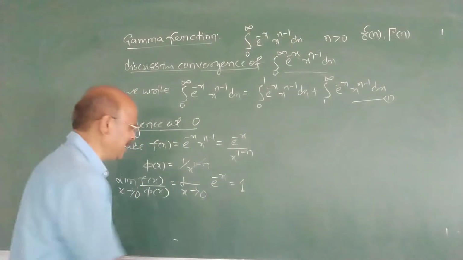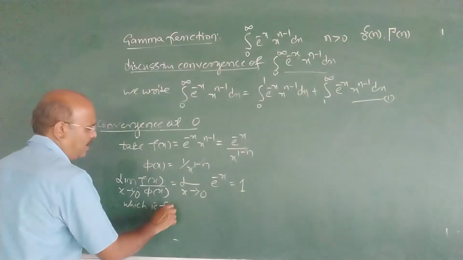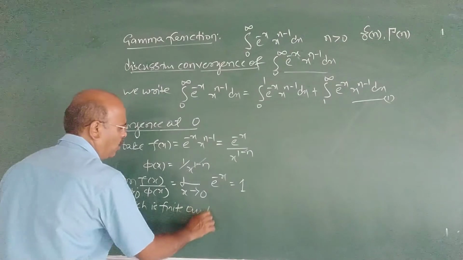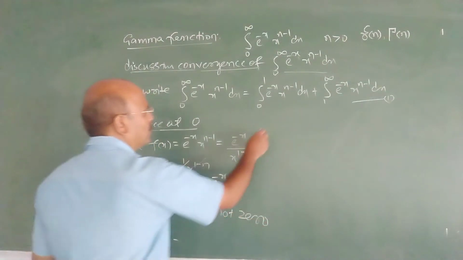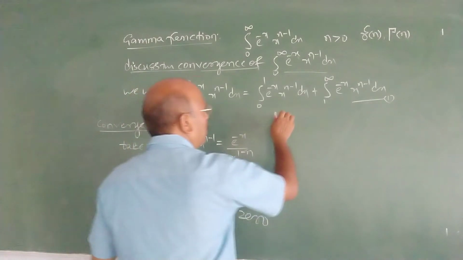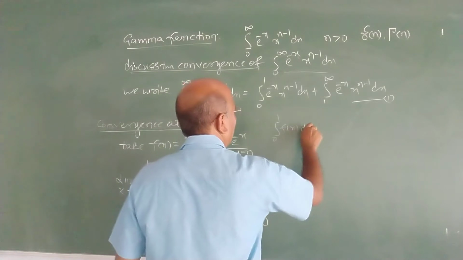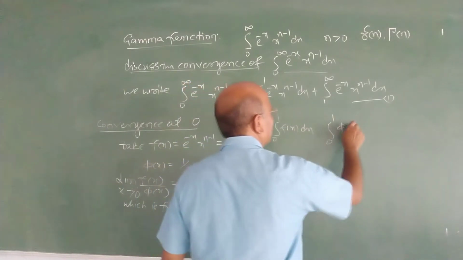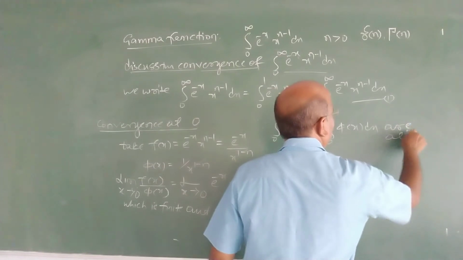Now what does the test say? If it is finite and not 0, therefore these two, 0 to 1 f(x) dx and 0 to 1 phi(x) dx, behave alike.